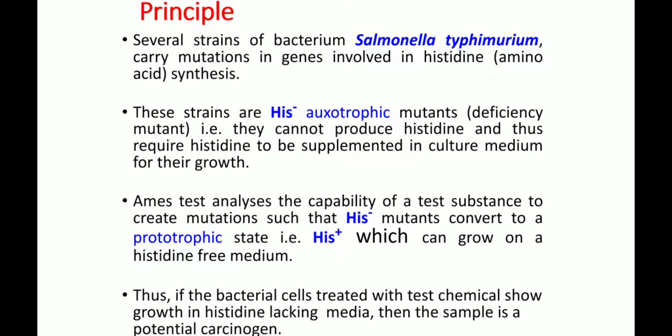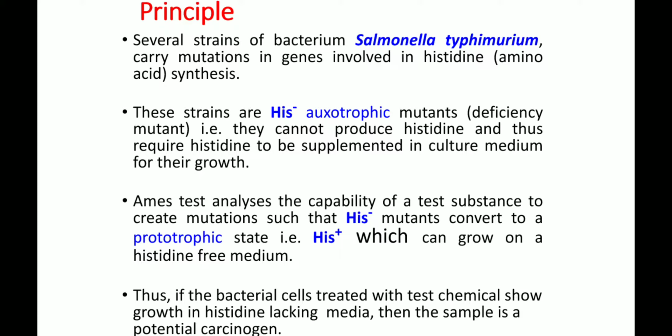So these Salmonella typhimurium will be called histidine negative, those which are not capable of making their own histidine because of the mutation in the structural region of the operon. And I guess you can correlate this phenomenon very well with the lac operon.